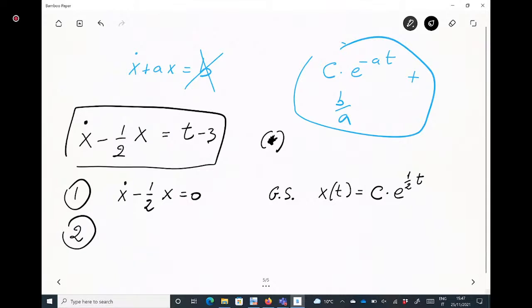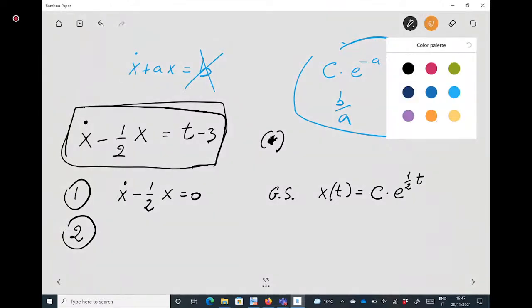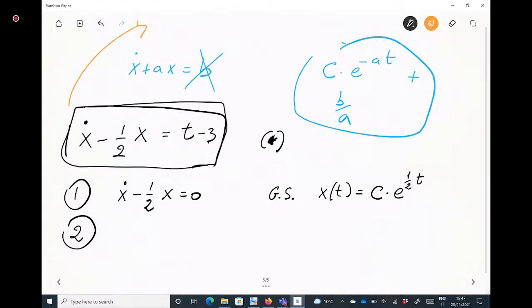Now, second step, find a particular solution to the full system. Here we cannot find a steady state solution. There are no steady state solutions here. Can you realize why we cannot find steady state solutions here? Just look at how would you find a steady state here? Steady state is a constant solution.